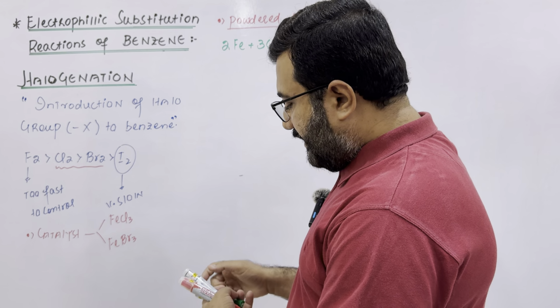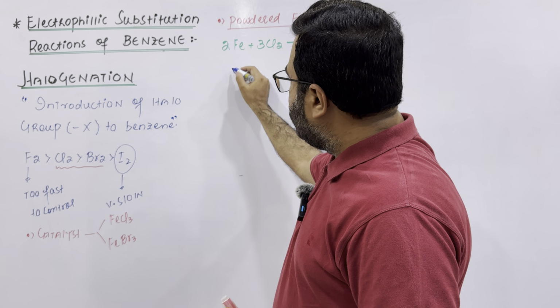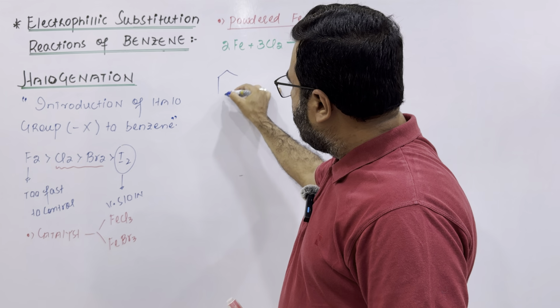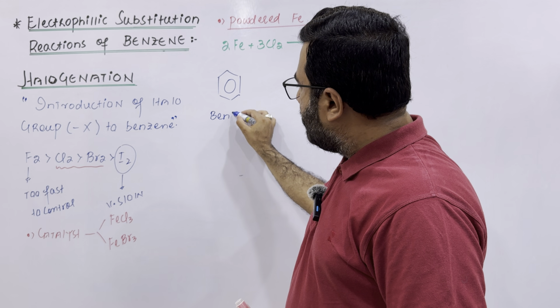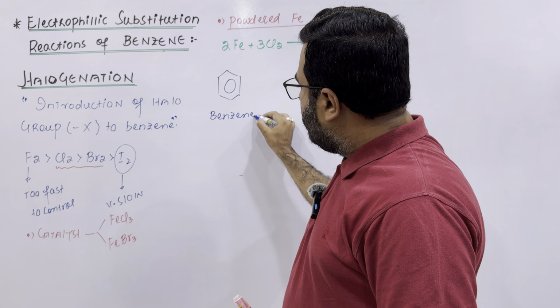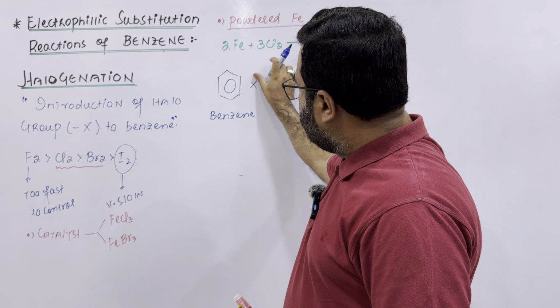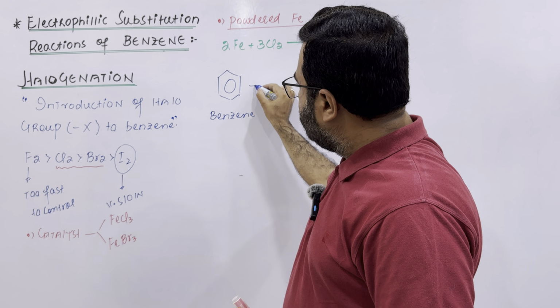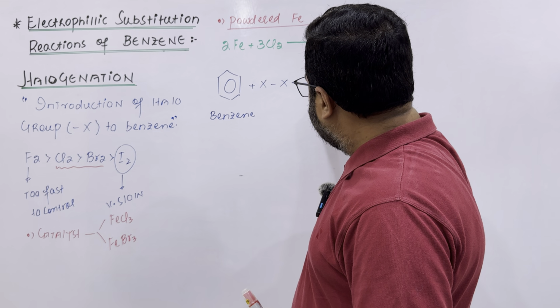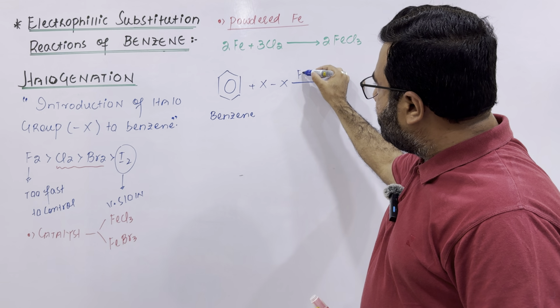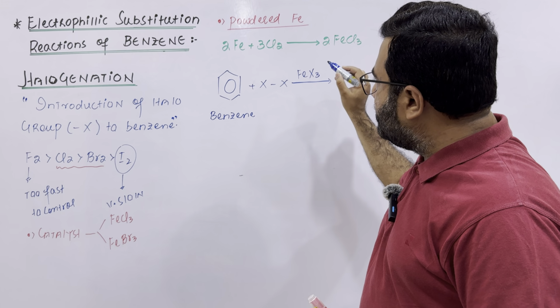Now my dear students, the general reaction is that benzene reacts with halogen in the presence of ferric halide.